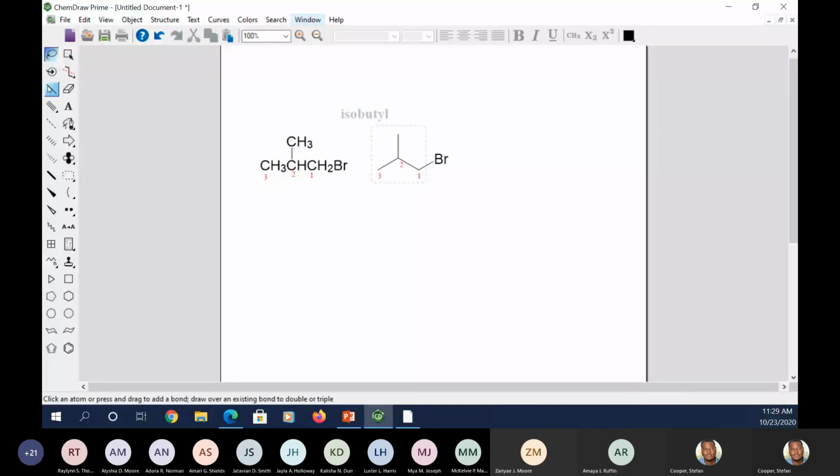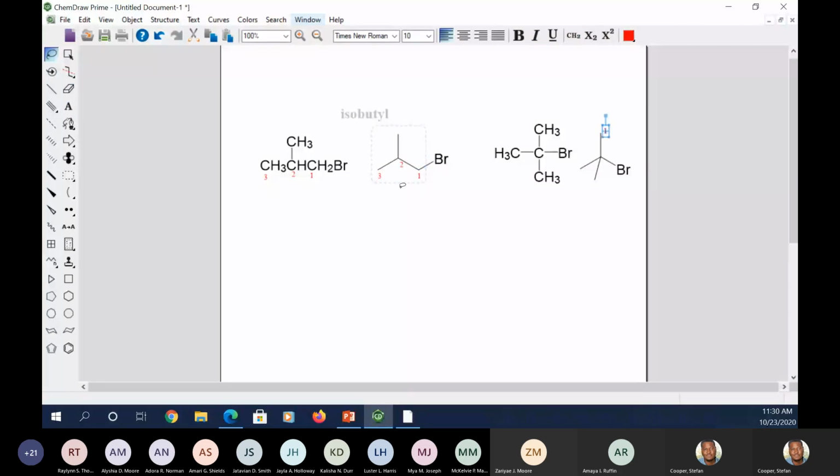Somebody also asked me why this carbon is 2 and not carbon 1. Let's convert that into a line angle structure. It looks like that, right? And if I want to get the longest chain here, it's going to be best if I start on one of the ends, right?